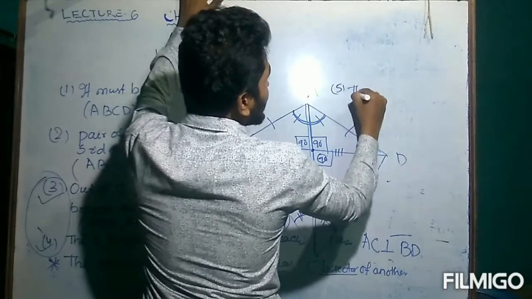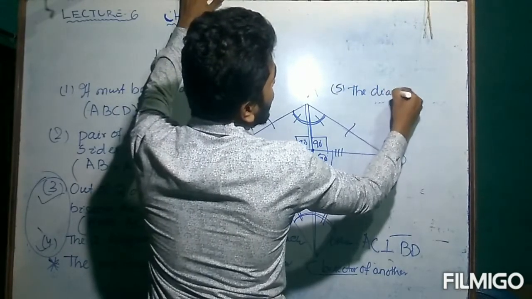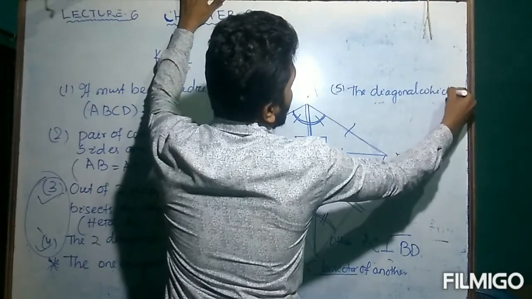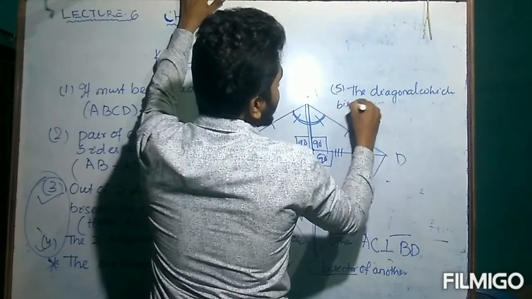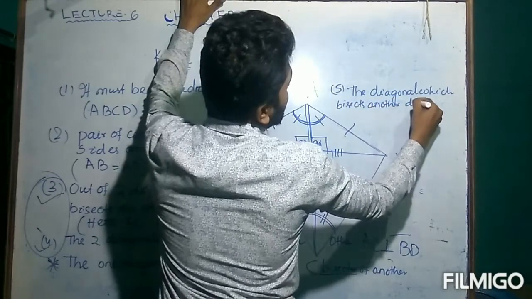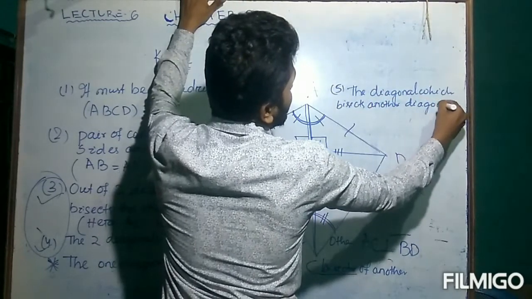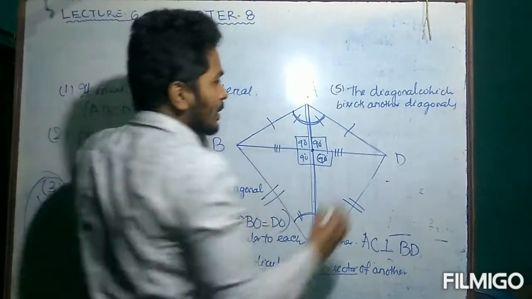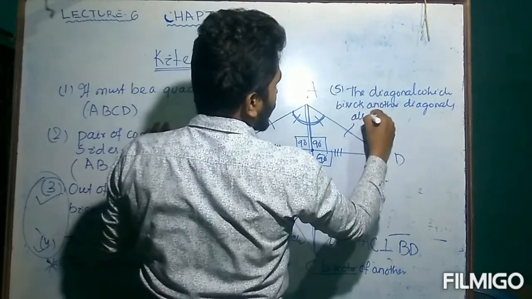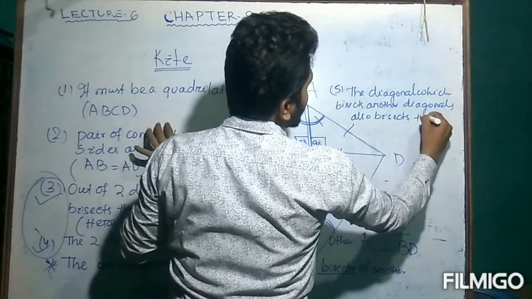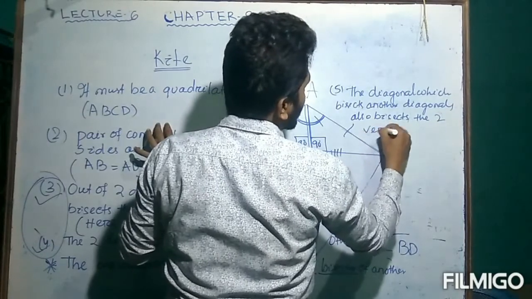The diagonal which bisects another diagonal also bisects the two vertical angles.